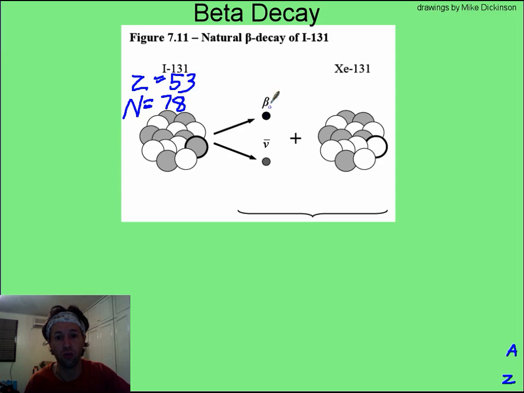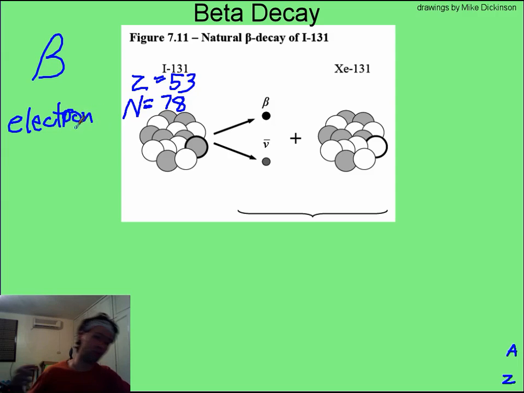Now, just to let you know, a beta particle is the same thing as an electron. An electron actually goes flying right out of the nucleus and has a little symbol down here as -1, up here is 0. Now, what that means is it's got the opposite charge of a proton. The 0 means it has no mass.